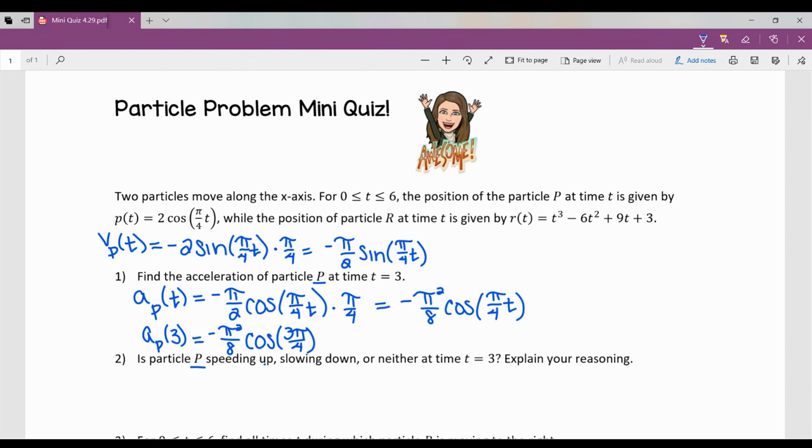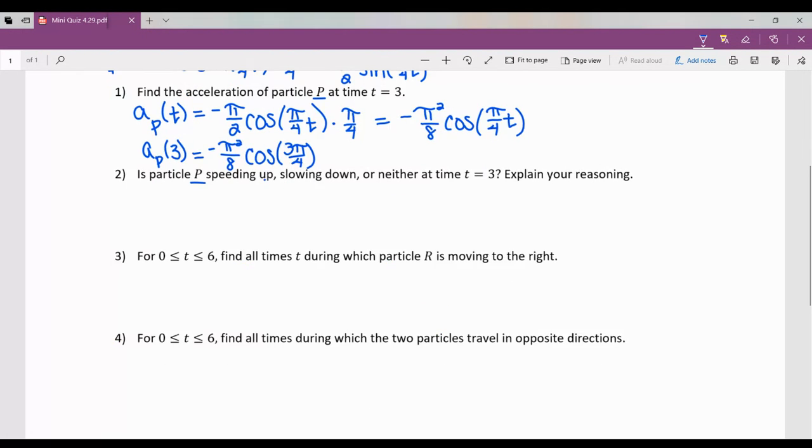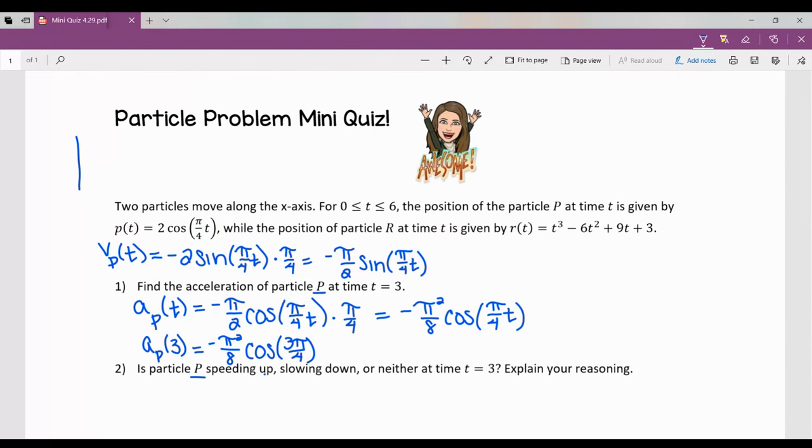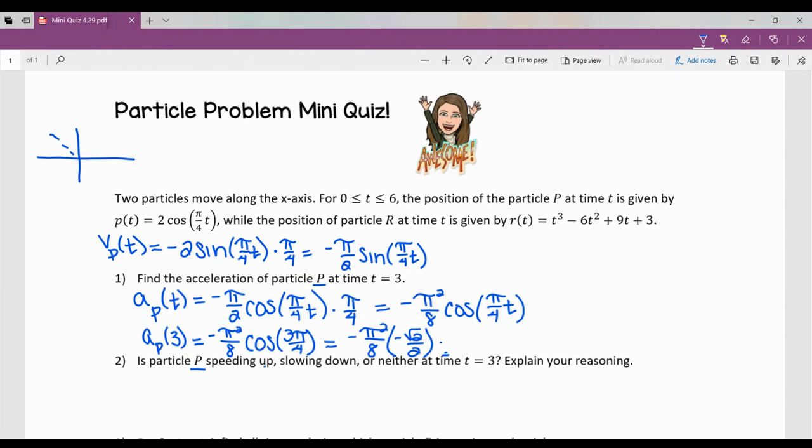All right, cosine of 3 pi over 4, I'm going to just rewind and think back to my unit circle. 3 pi over 4 is in that quadrant, and the x value is negative there, so it's going to be negative pi squared over 8 times negative radical 2 over 2. All right, so that's going to be positive pi squared times radical 2 all over 16. All right, not the prettiest looking one, but that is your final answer.